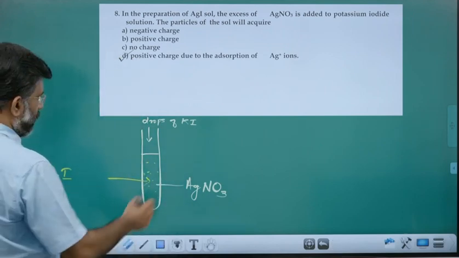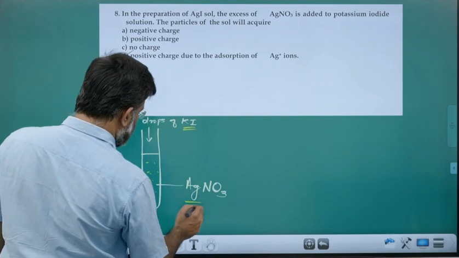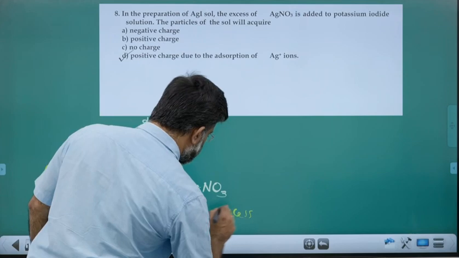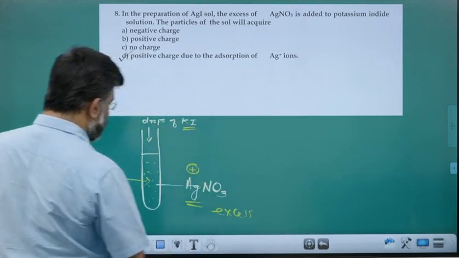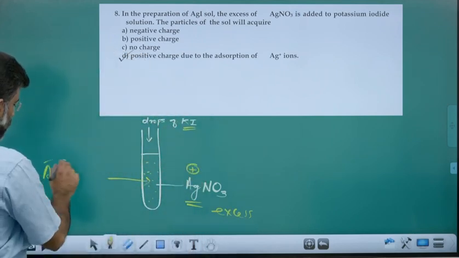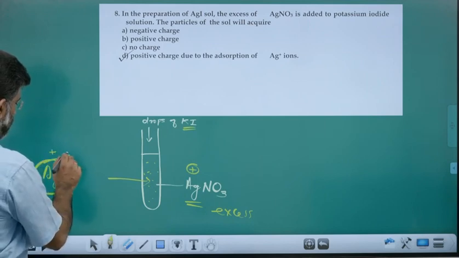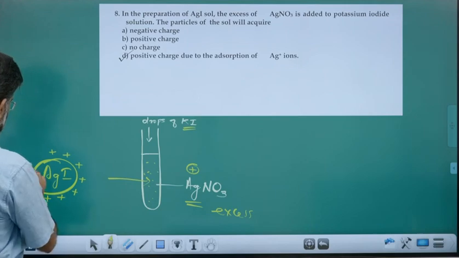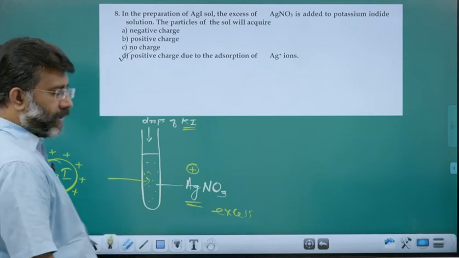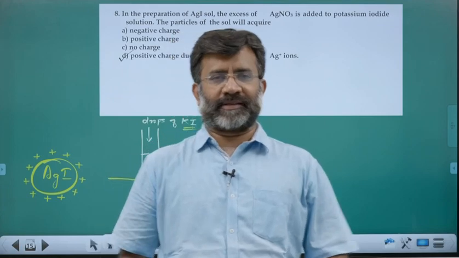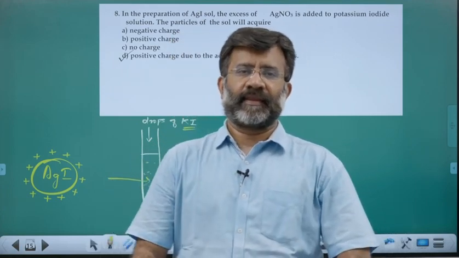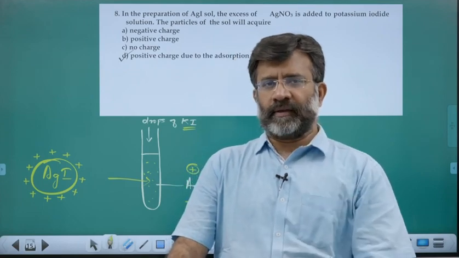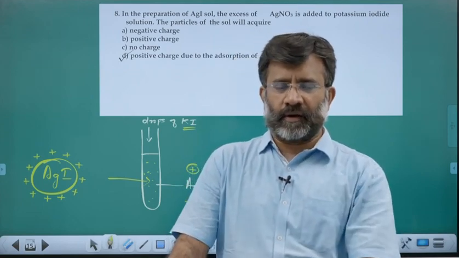How do you get AgI? KI interacts with the Ag, you get AgI. But the point is, this is taken in excess. That means there is excess Ag+. So what will happen? Around the surface of AgI, Ag+, which is a common ion, will be adhering. And hence it acquires a positive charge. So if you take excess AgNO3 and drops of KI, you will get a positively charged sol.